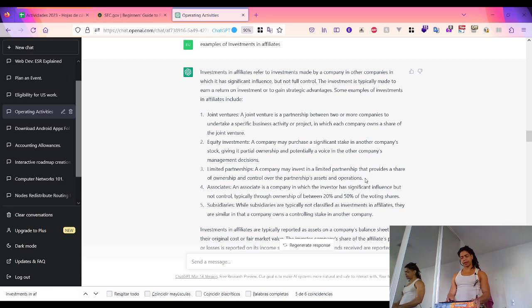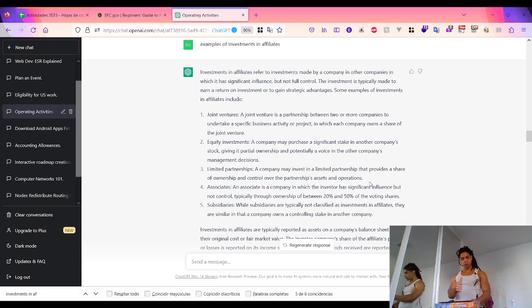So when this company invests in a limited partnership, it provides a share of ownership and control over the partnership assets and operations. This is important.